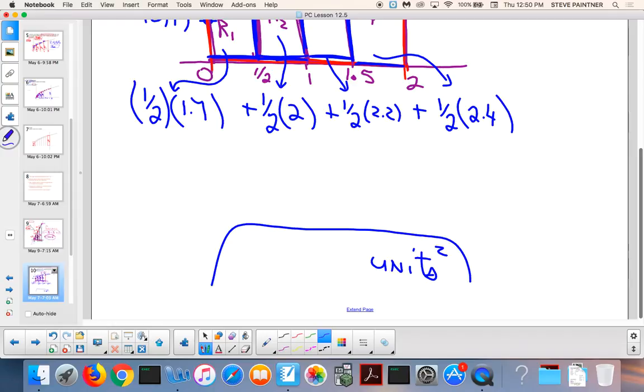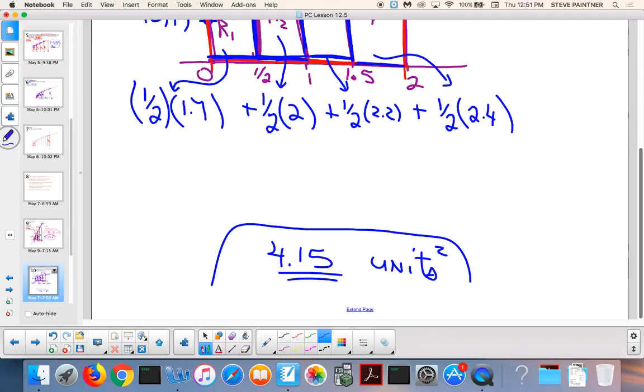Morgan, what's the answer? Working on it. 4.15. Okay, good. 4.15 square units is the answer. Is this a little higher than the actual answer or a little lower? A little higher. It's an overestimate, right?